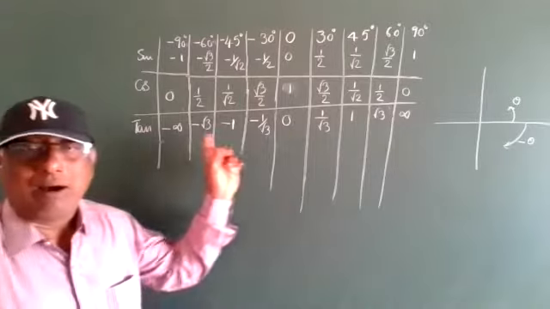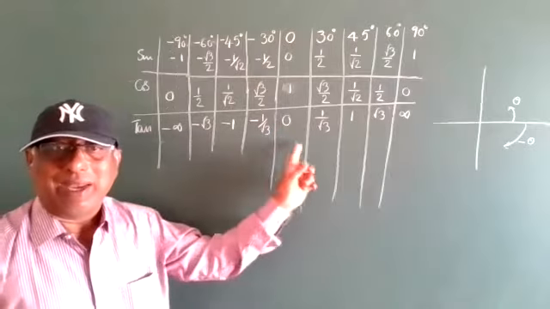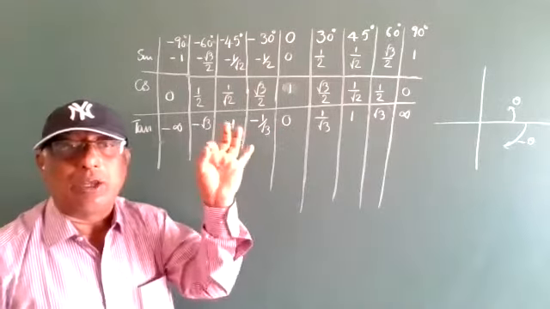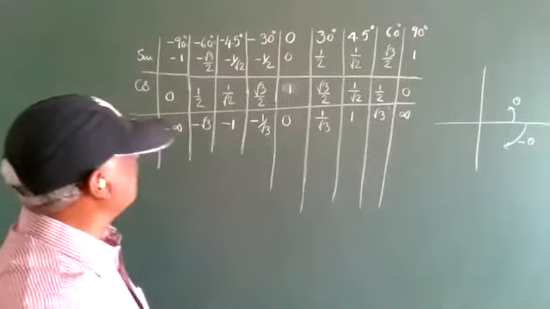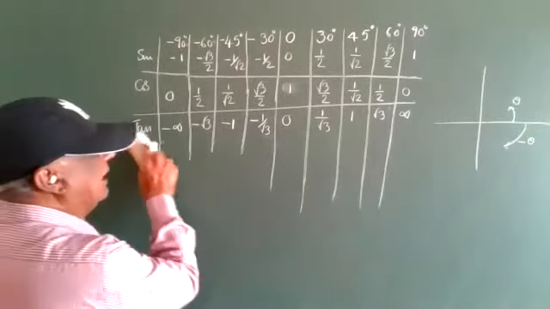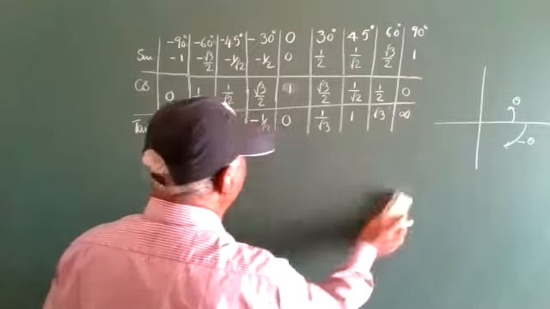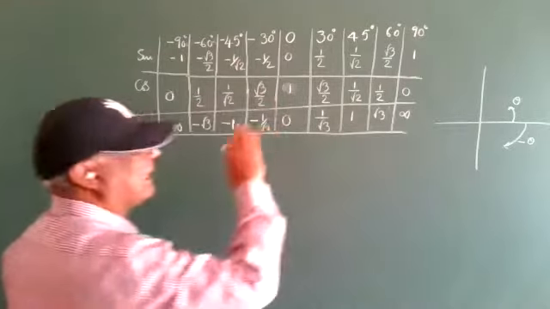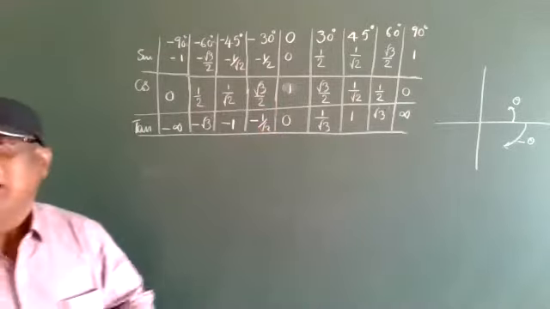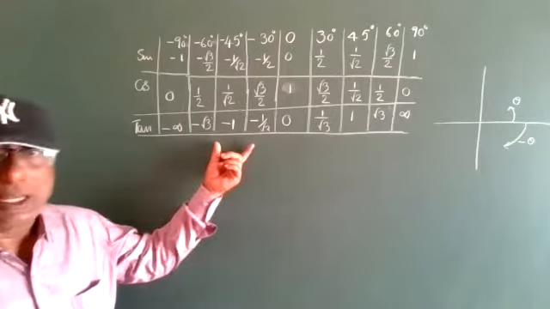So here all values are not repeated. Only cos values are repeated, but sine and tan values are not repeated. This point is clear, everyone.